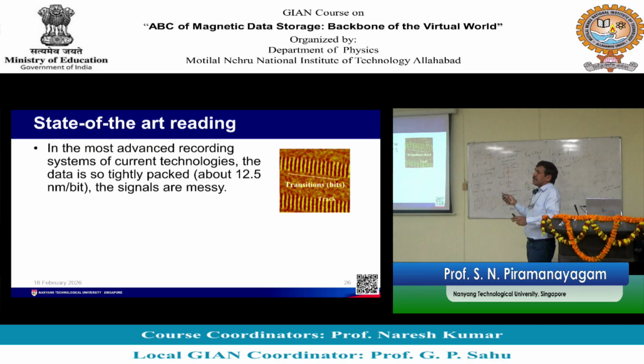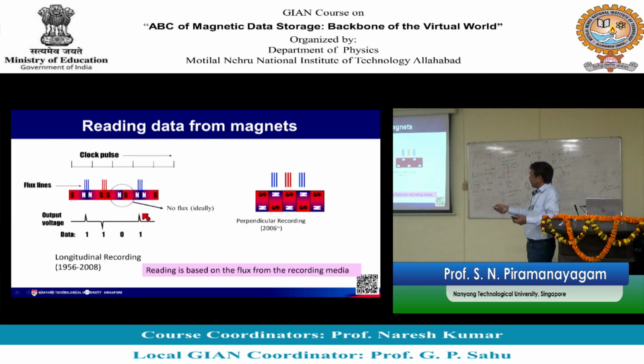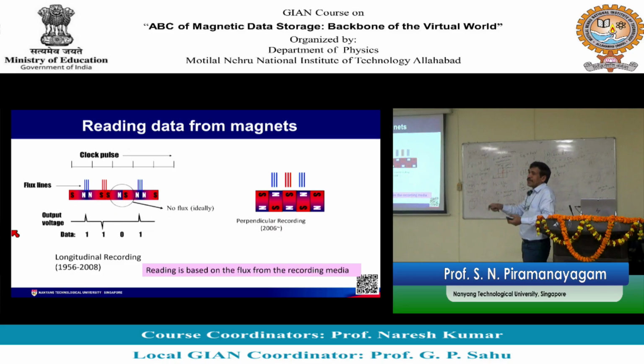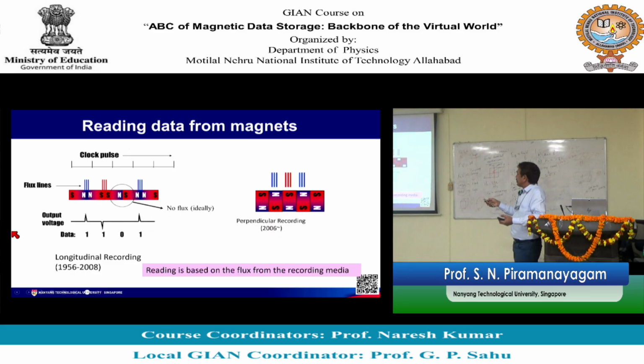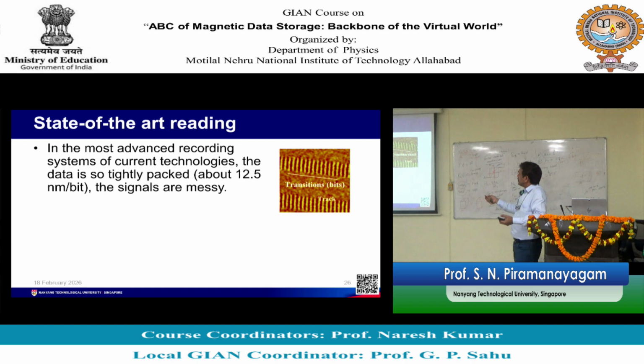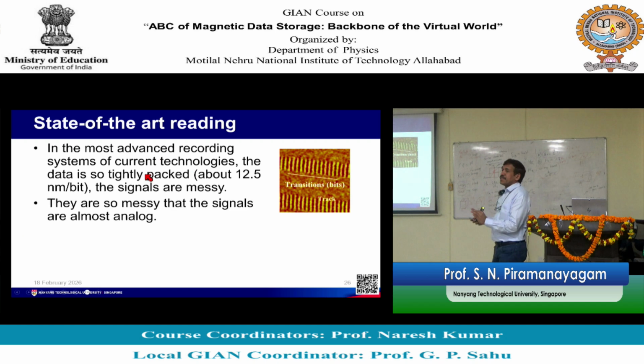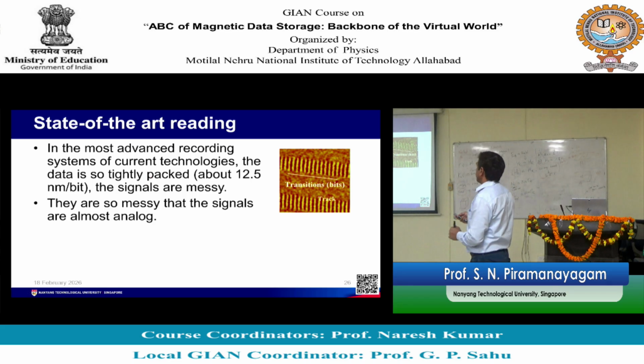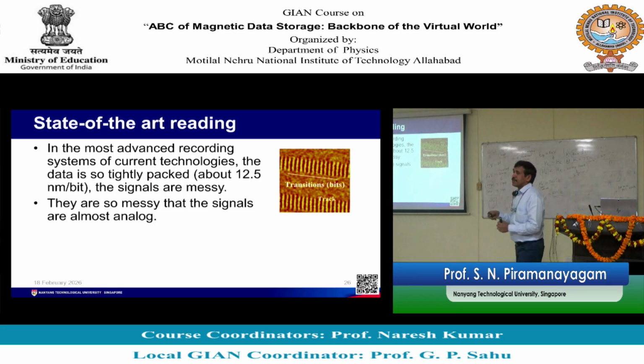As a result, the signals that the read heads read will be messy. They will not be very smooth like I have drawn. Here I have shown very clear pulses, but when we store information at such high density, the signals are messy. So the reading is not like what I described. The signals are not even digital. They are so messy, they are almost analog.